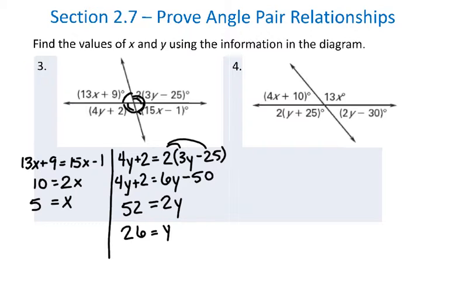Now, let's do sort of the same thing on the other side, except using a different theorem. We used, for number 3, that vertical angles are congruent. On number 4, we're going to use the fact that these two angles are linear pairs, meaning they add up to 180 degrees.